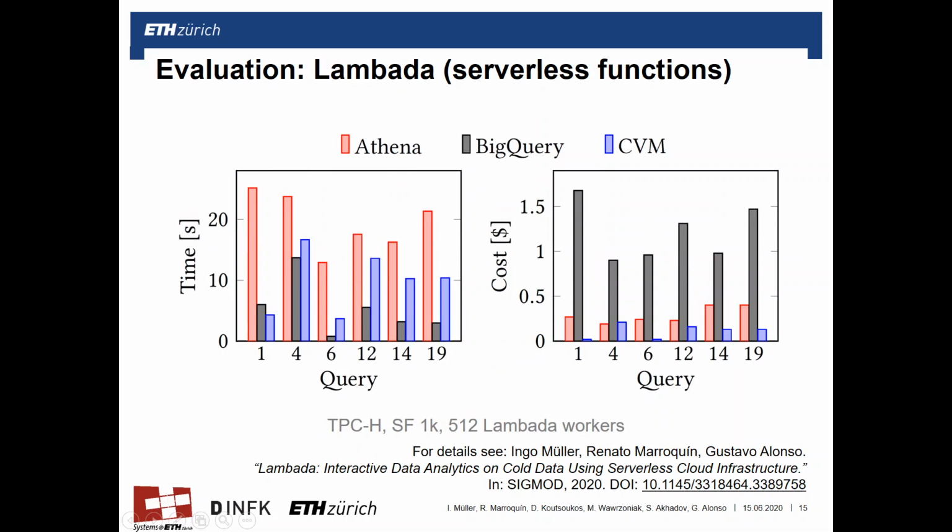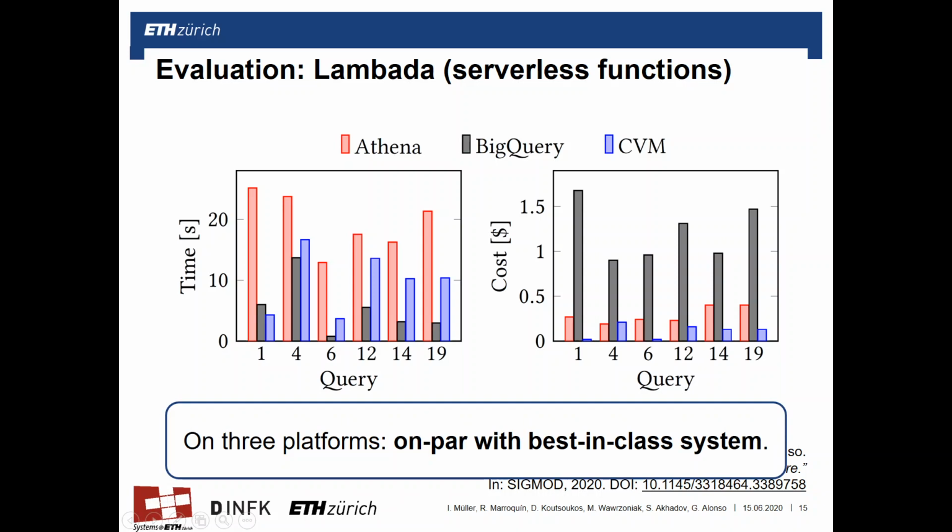And finally, the system for serverless functions, which by the way I will present in more detail tomorrow in SIGMOD, which is called Lambada. We compared with two commercial serverless SQL analytics systems, and compared with Athena, we are often about an order of magnitude faster, or at least significantly faster, while at the same time being between 1 and 2 orders of magnitude cheaper.